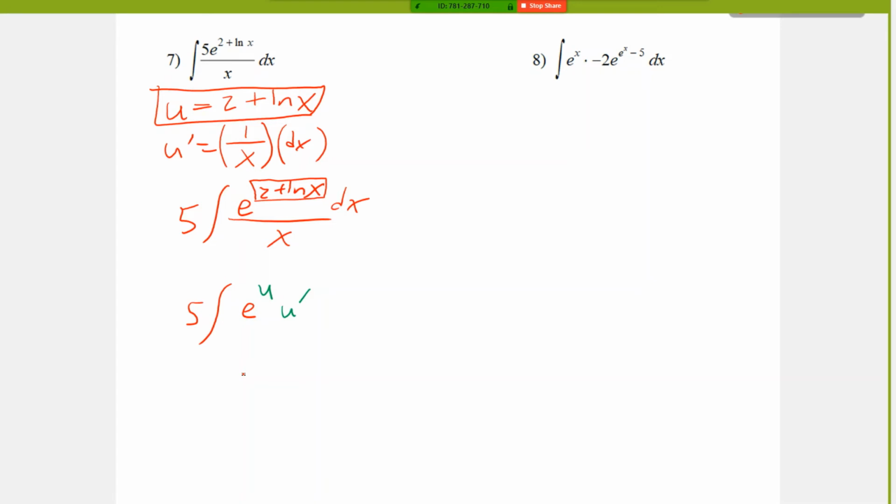So next in the order is Nini. When I integrate this, what should happen? So the question is, what would I derive in order to get e to the u times u prime?